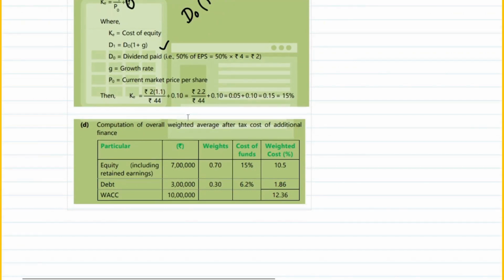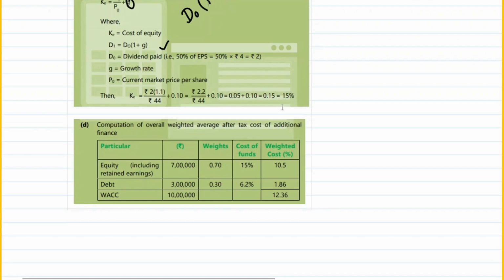Now the last question is, what is the WACC? Equity is equal to 7 lakhs, debt is equal to 3 lakhs. How do we take the weights? Individual divided by total. 7 lakhs, 3 lakhs: 7 divided by 10 is 70%, 3 divided by 10 is 30% or 0.3. What is the cost of equity here? It is 15%.